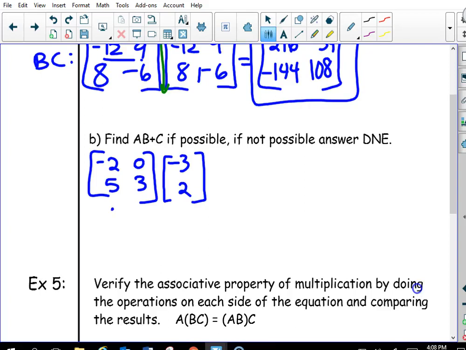Well, this is a 2 by 2, and this is, again, column and row, so one column by 2 rows, and I can multiply them, and I will have a 1 by 2 matrix as a result. The number of columns is going to be 1, the number of rows is going to be 2.